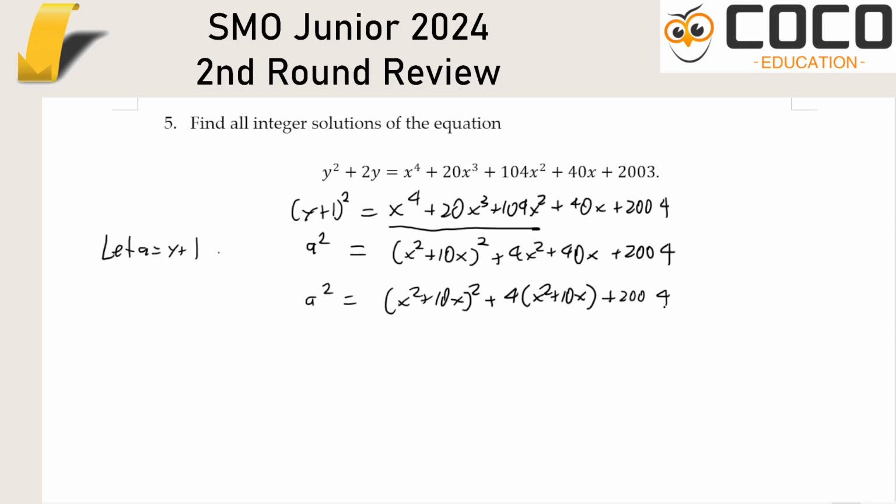This is really great. So if I now let b be x squared plus 10x, actually, let's hold that first. I want to complete the square on this: x squared plus 10x plus 2 squared plus 2000. Okay, so I shall let that be b.